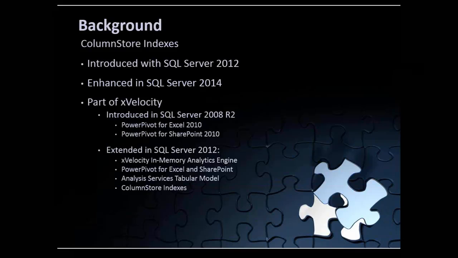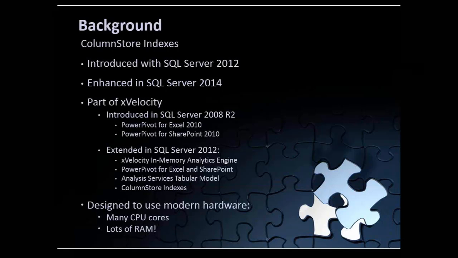Well, it was new in SQL Server 2008 R2 when it was introduced with Excel and SharePoint, extended in 2012 with Analysis Services Tabular Model and ColumnStore Indexes, and now further enhanced in 2014. ColumnStore Indexes are designed to use modern hardware, and that means lots of cores and lots of RAM.